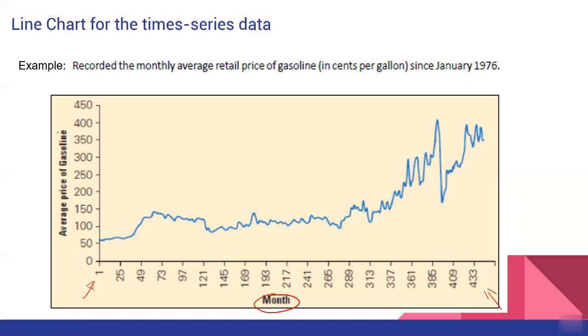And along the vertical axis is the average price of gas. This graph shows the trend of the change of average price of gas versus different months, right? So line chart is always used for illustrating time series data.